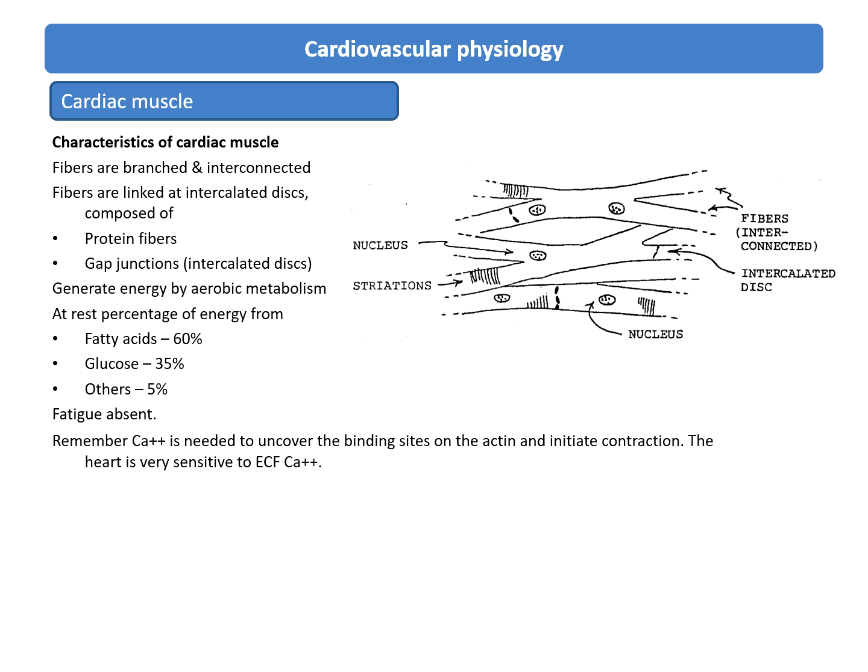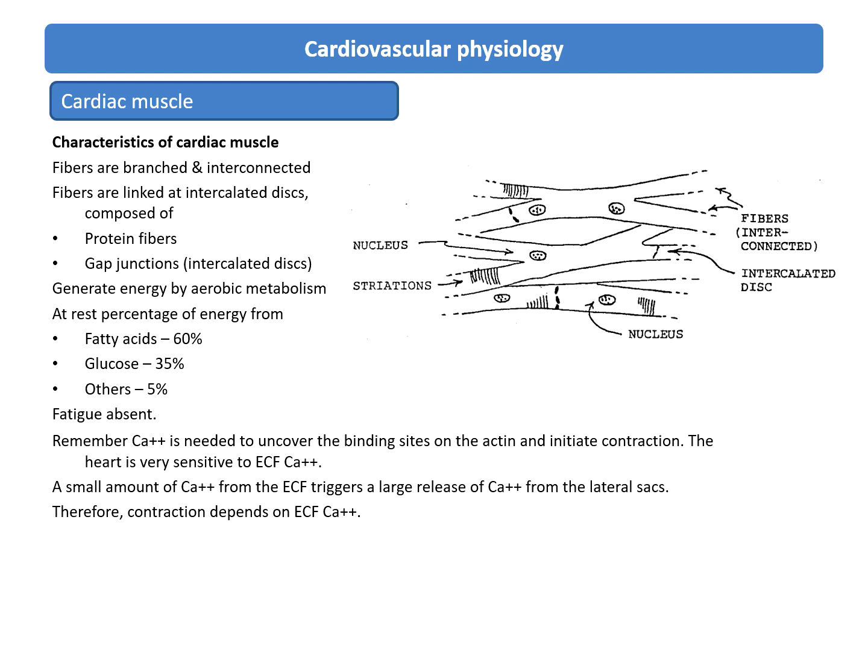Now remember, calcium is needed to uncover the binding sites on the actin and initiate contraction. The heart is very sensitive to extracellular calcium. A small amount of calcium from the extracellular fluid triggers a large release of calcium from the lateral sacs. Therefore, contraction of cardiac muscle is strongly dependent on extracellular calcium.